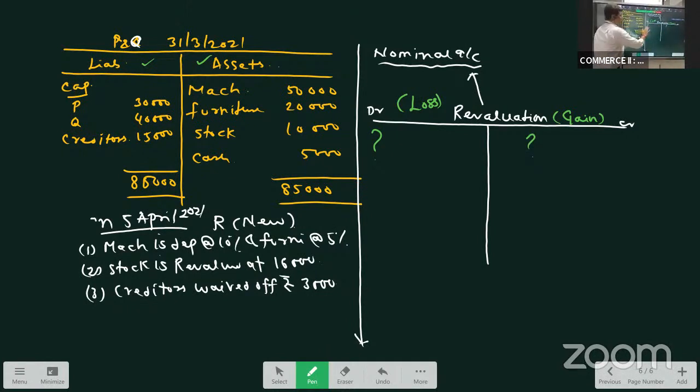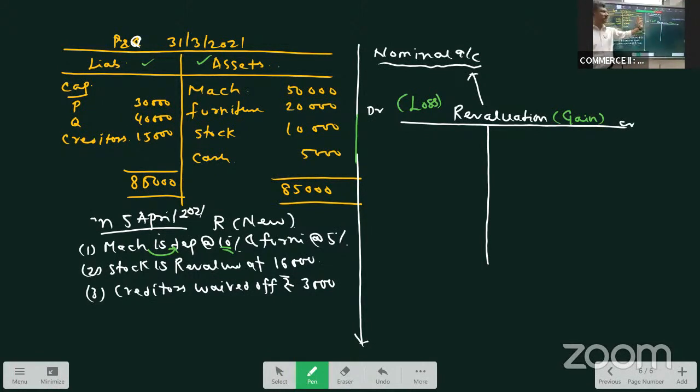Okay, so I'll take this example and show you. Machinery is to be depreciated at 10%. My dear viewers, depreciation on machinery is a loss. It's an expense. Depreciation is a non-cash operating expense. Expenses and losses we should take on the debit side, I said revaluation account is a nominal account.